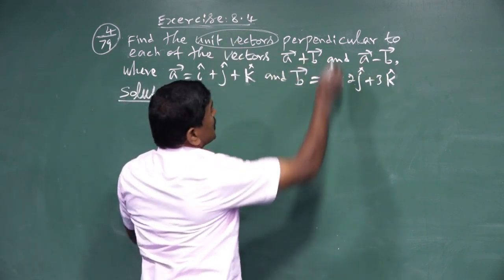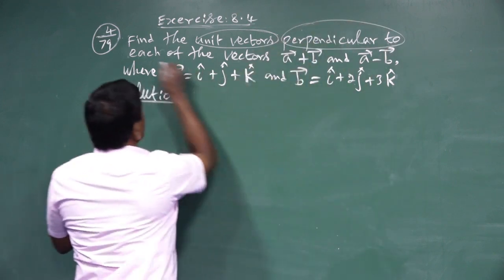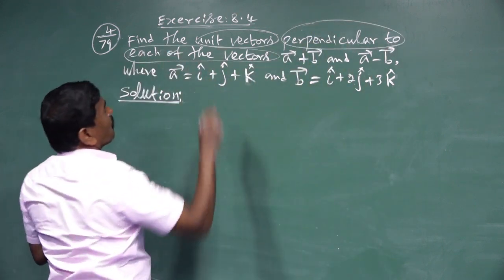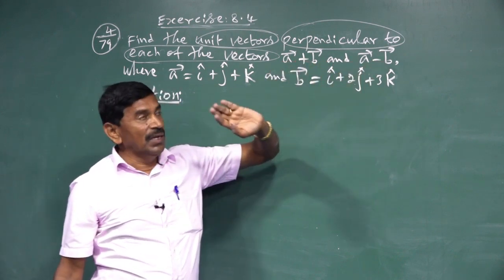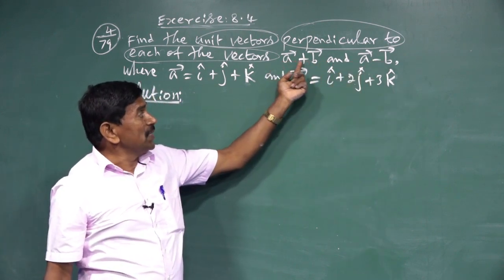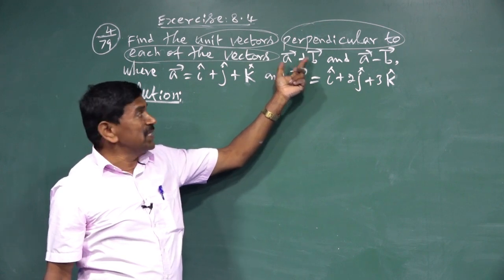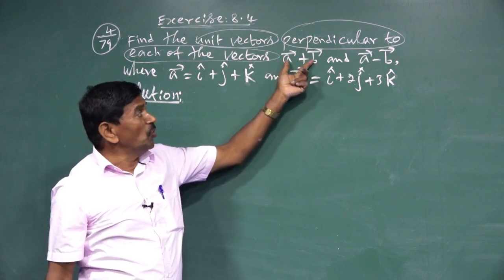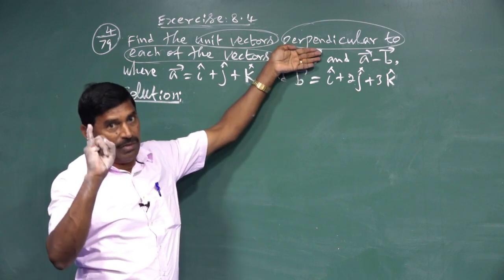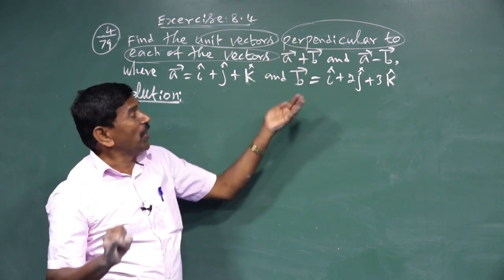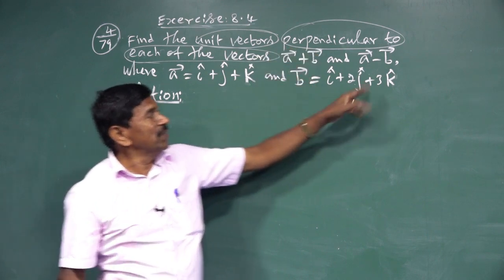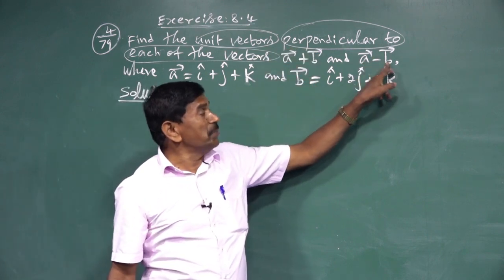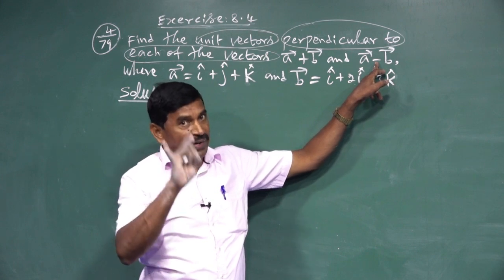Here a vector plus b vector means the sum of the two vectors, which is one vector. We consider a vector plus b vector as one vector, and a vector minus b vector as another vector.